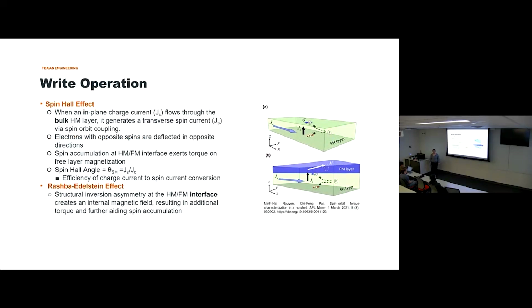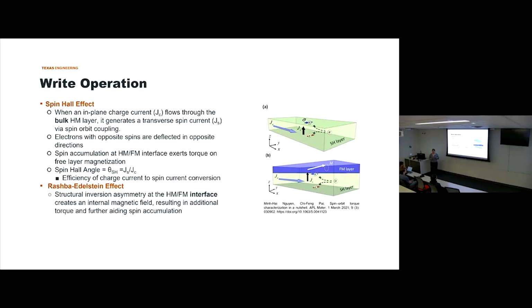For your write operation, we're going to use two key concepts. Your main one is the spin Hall effect, which we learned in class. This occurs when an in-plane charge current flows through the bulk of the heavy metal layer and creates a transverse spin current via spin orbit coupling.